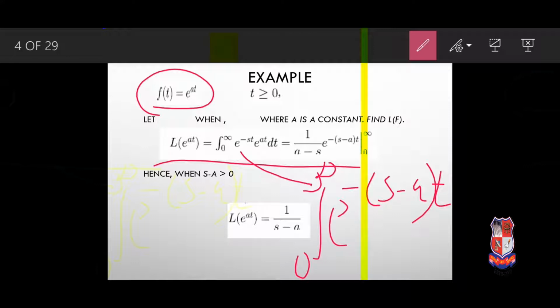The integration becomes 1 upon minus s minus a e raised to minus s minus a t and limit 0 to infinity. Then after putting limits, the answer will be Laplace of e raised to at is equal to 1 upon s minus a. We can find the Laplace transform using the definition like the given example.